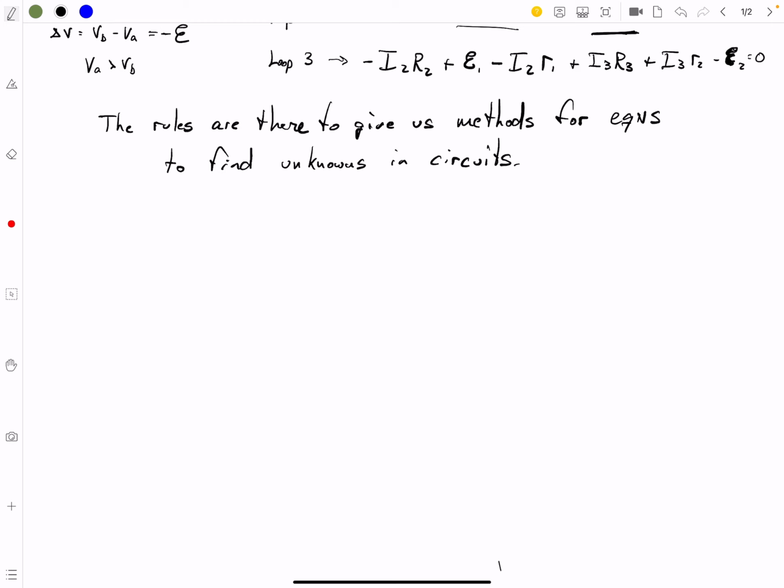Okay? And what is it that we have to do? We have to label the circuit with our, there are 2 things. So, one, the junction rule.